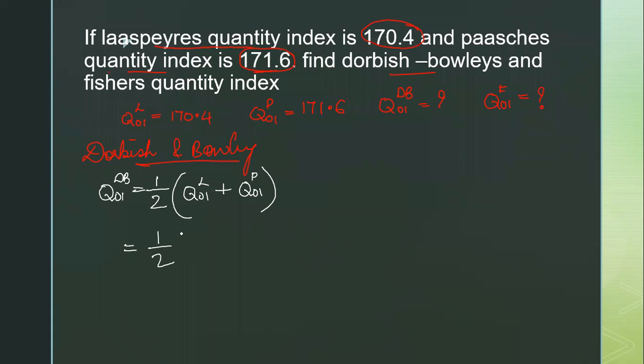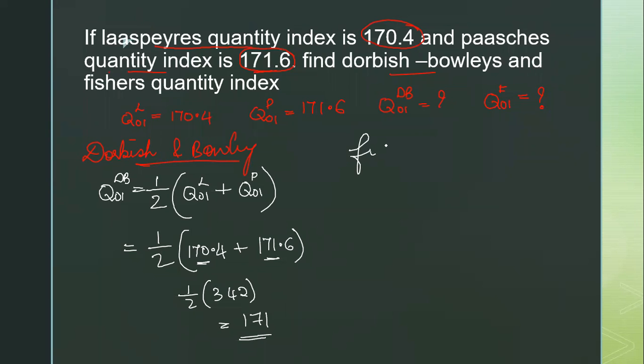So half into 170.4 plus 171.6. Add 170.4 plus 171.6. What is the value you get? 342. Good. Now divide by 2 or multiply by half. The answer is 171. You do not have to multiply with 100, because it is already multiplied by 100 and the value is given.